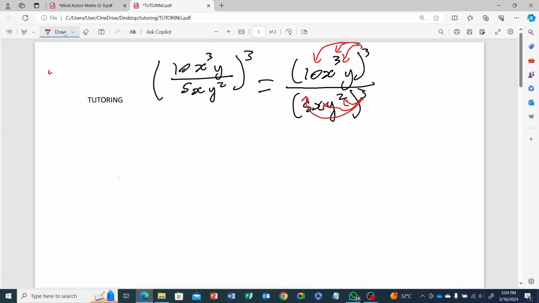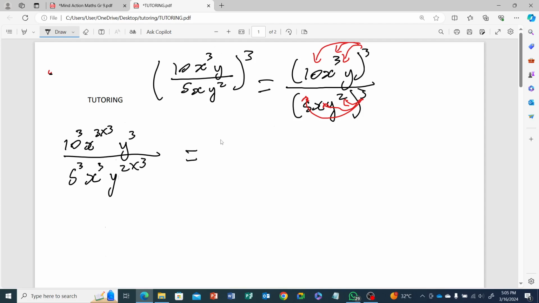Okay, now let's proceed with it. So what you are going to have is 10 cubed x to the power of 3 times 3, y to the power of 3 over 5 cubed x cubed y to the power of 2 times 3.